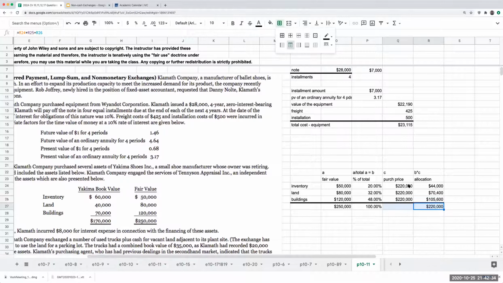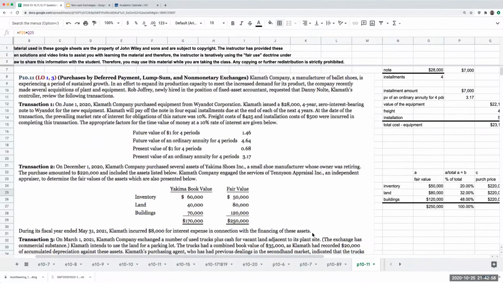This is going to be 220,000. The amount being allocated to land is going to be 70,400. And then the value of the building is 105,600.